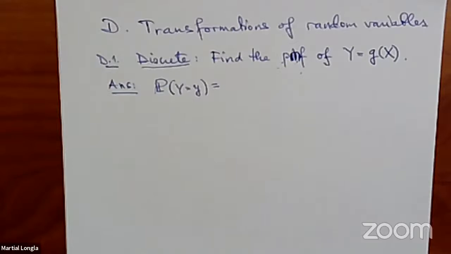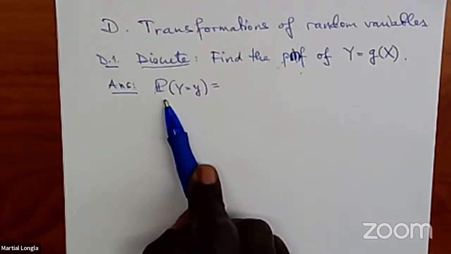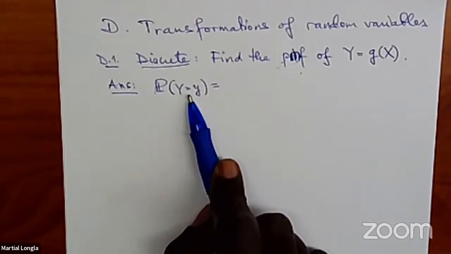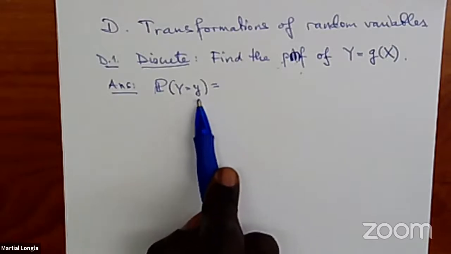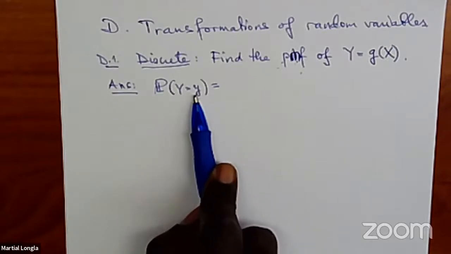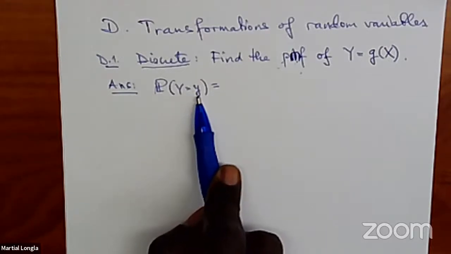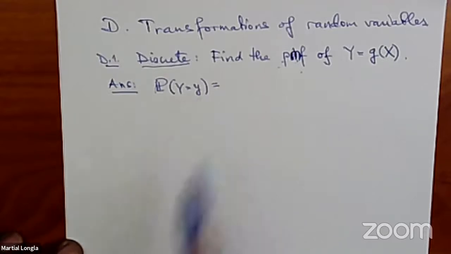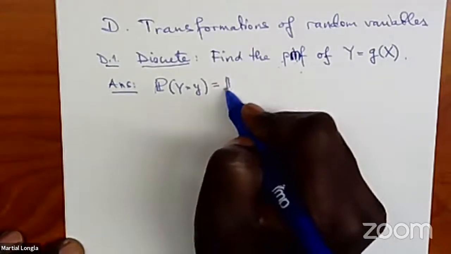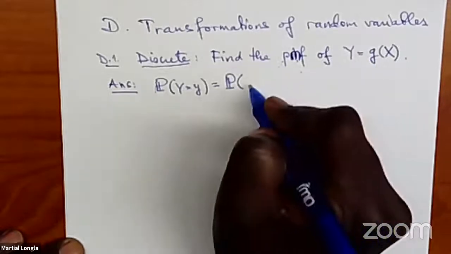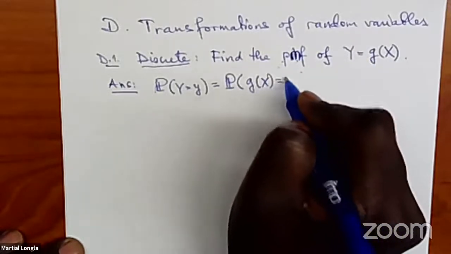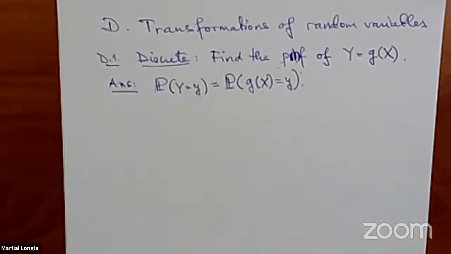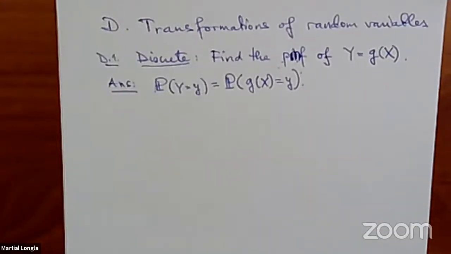So I was saying, if the question is find the PMF of a random variable which is discrete, it means find the probability of each of the possible values of that random variable. Here, if y is a possible value, how do I find the probability? I write that as the probability that g of x is equal to y. And I know the values of x and their probabilities. So after writing this, I don't need to worry too much.